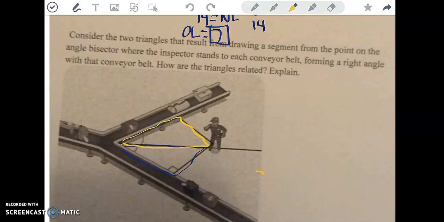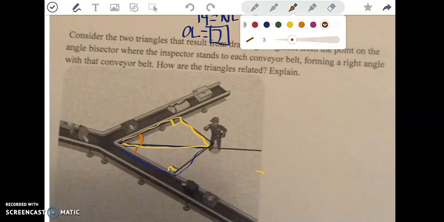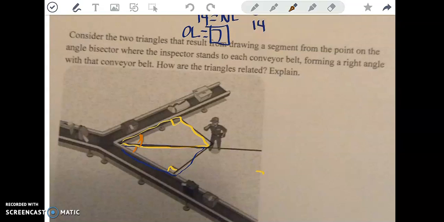So in this particular problem, it's asking what do you notice about these triangles? Well, both of them have a right angle here and here. They both also have an angle that is congruent here. If you remember our congruent triangles from before, this line is the same on both triangles. That line is congruent due to the reflexive property.